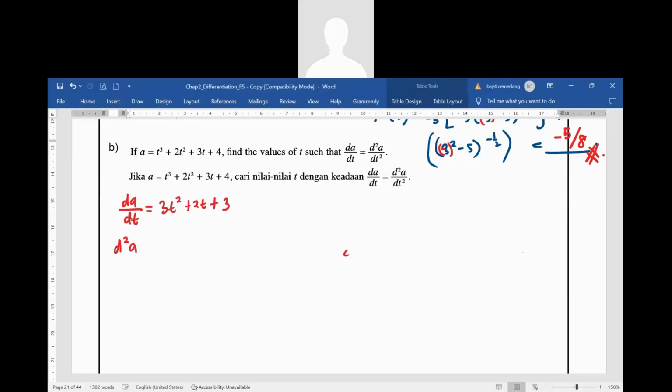Dan d square A over dt square adalah differentiate again your dA dt. So maksudnya kamu akan dapat 6t plus 2.